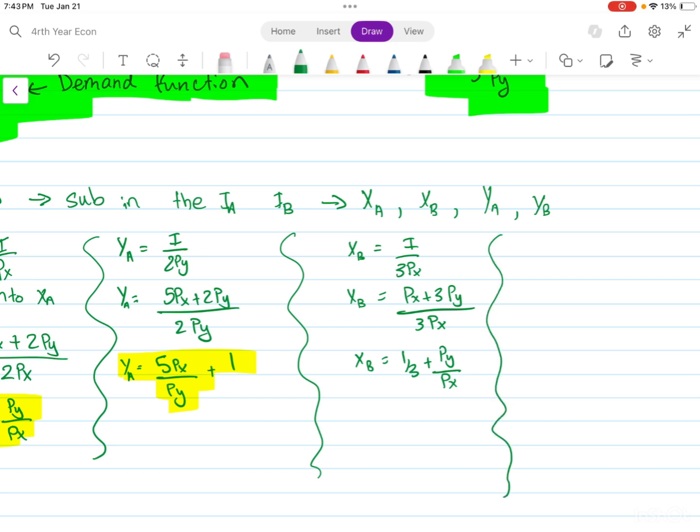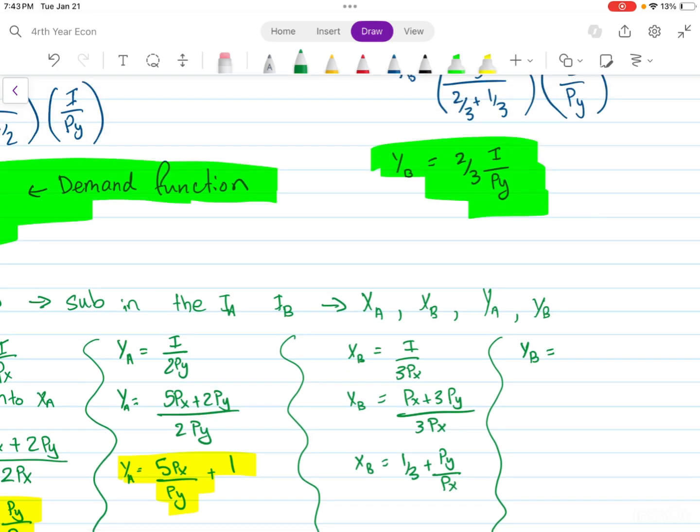And let's do the y term for Billy, which we figured out to be 2/3 times I over py.